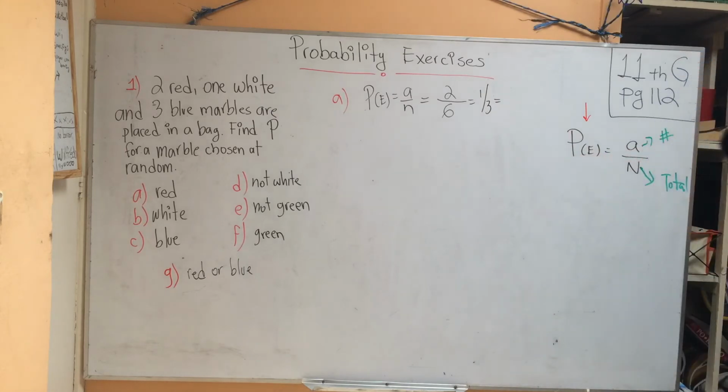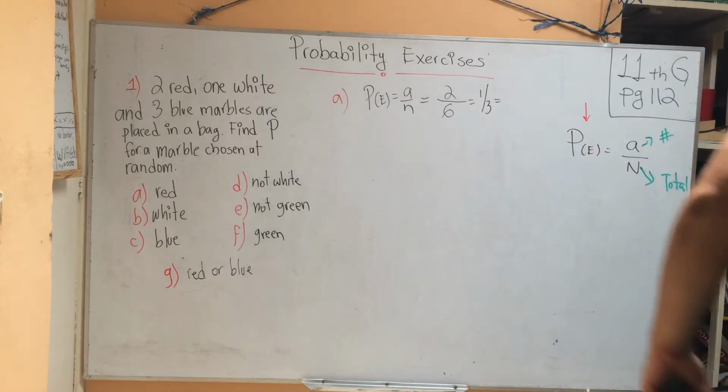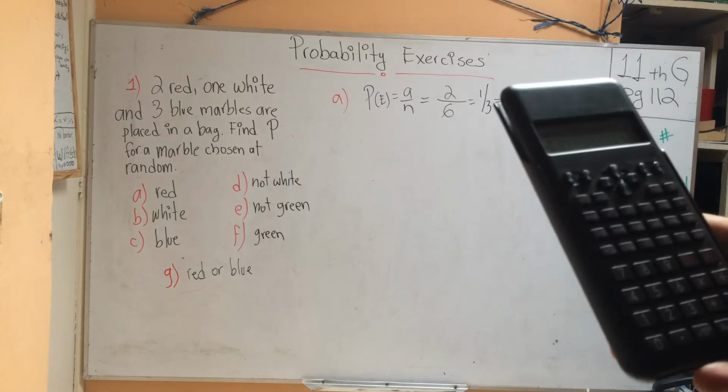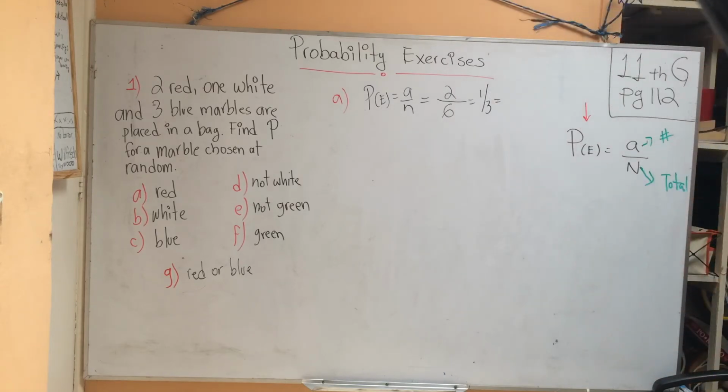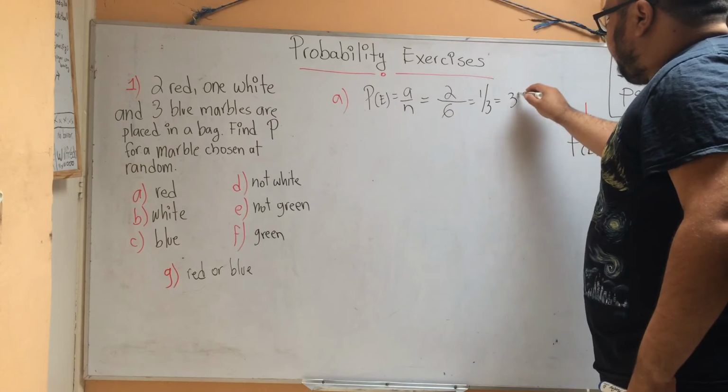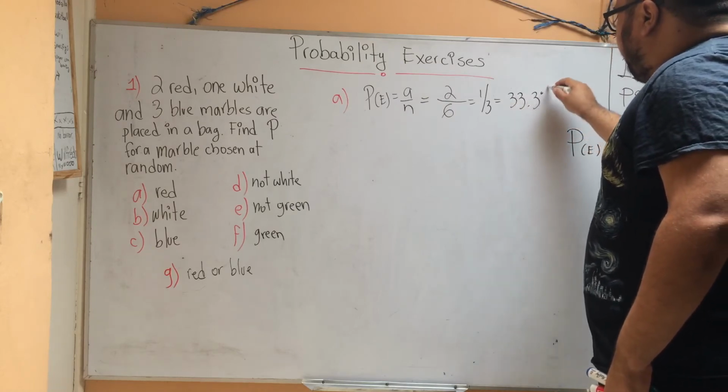And if we put it into a percentage, because we can also talk about the probability in percentages. When we convert a fraction into a percentage, we divide 1 over 3, 0.33 times 100, and the probability is 33.3%.